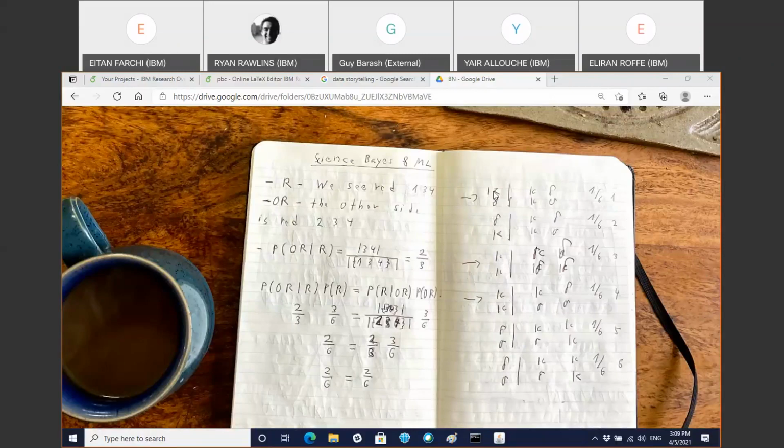But if one side is red and the other side is white, when I randomly flip it, I would see either red on top or white on top.